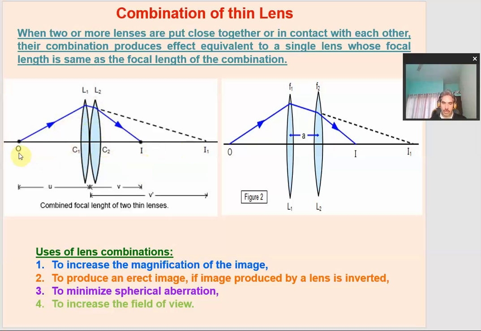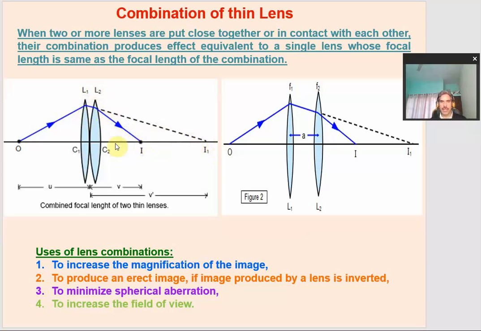Suppose we have an object on the principal axis. If there was no second lens, its image would have been formed at position I1. But because there is another lens here, which is also convex, L2, it makes the light rays converge even more and bends them towards the principal axis to a greater extent, so that the final image is formed at a closer distance.